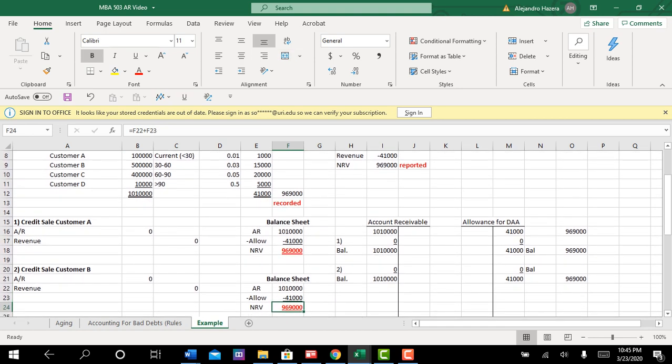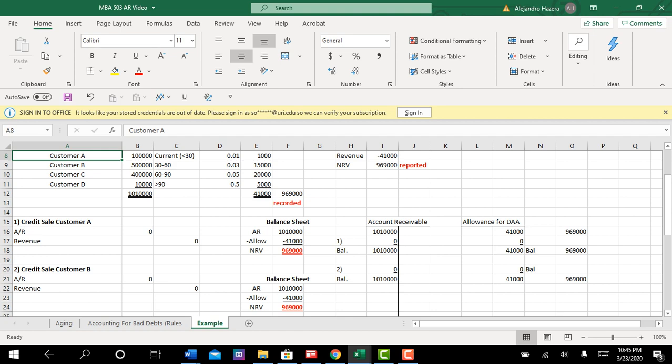Now, I said before that there are three types of entries that go into these accounts. Number one, credit sales. Number two, account write-offs. And number three is the once-in-a-year, end-of-year adjusting entry.